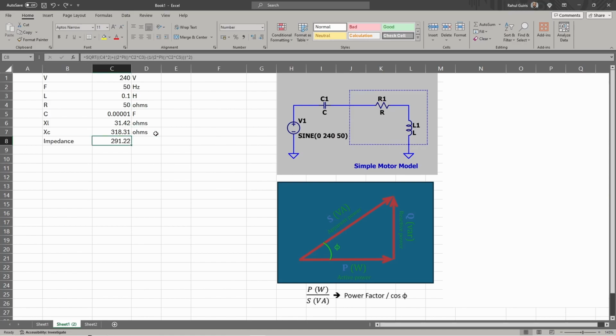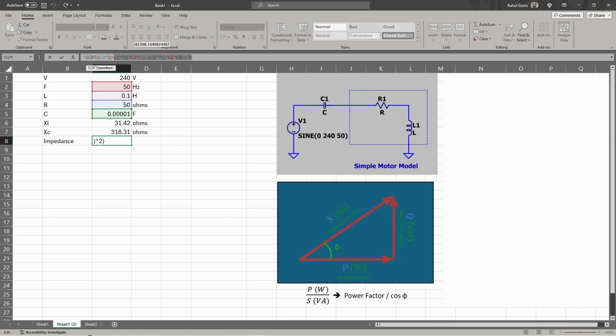The total impedance in this circuit now is different to what we had before. So previously we had an impedance that was equal to this line here. So obviously we had our true resistance, we had our reactive component, and we calculated the impedance with this line. We need to do the same thing now.